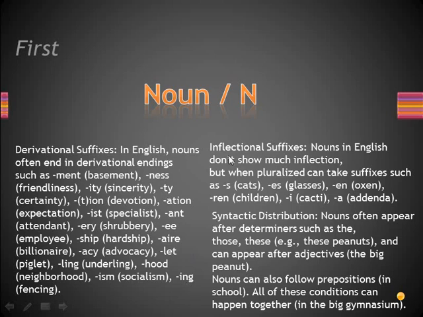What about the inflectional suffixes for nouns? Usually, inflection is about plural, with a suffix -s or -es. But some also have -en, like oxen, children. This is for irregular plurals, and this one also.